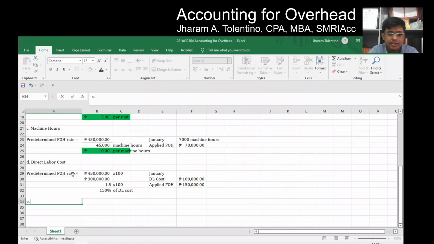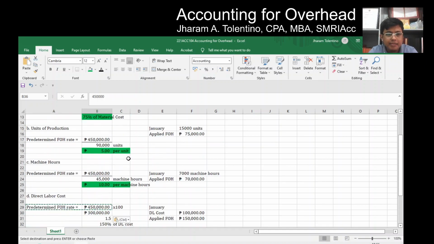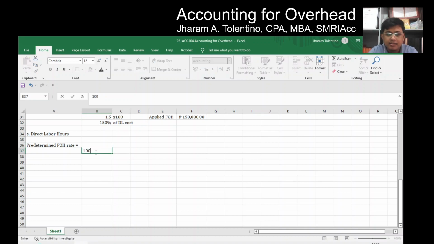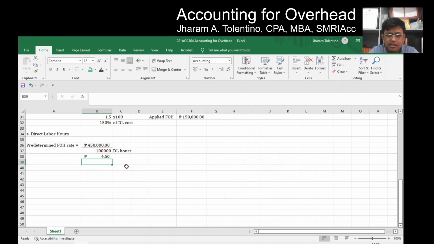Okay? Next, last is letter E. Direct labor hours. So, for the direct labor hours, copy lang natin to. 450,000 divided by 100,000 direct labor hours. That's 450 per DL hour.